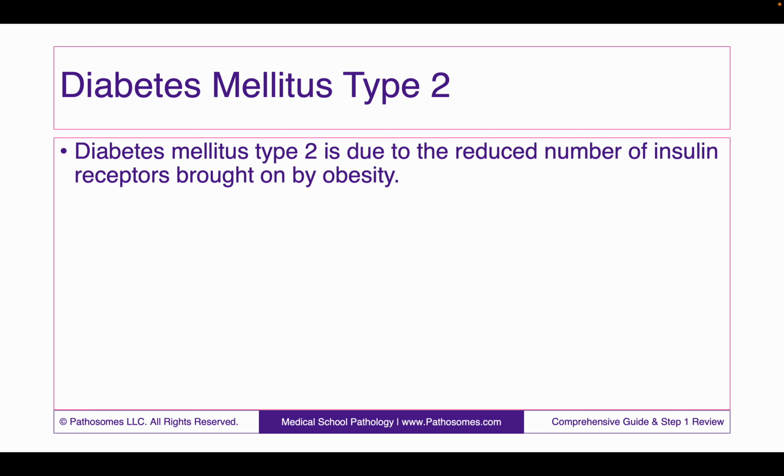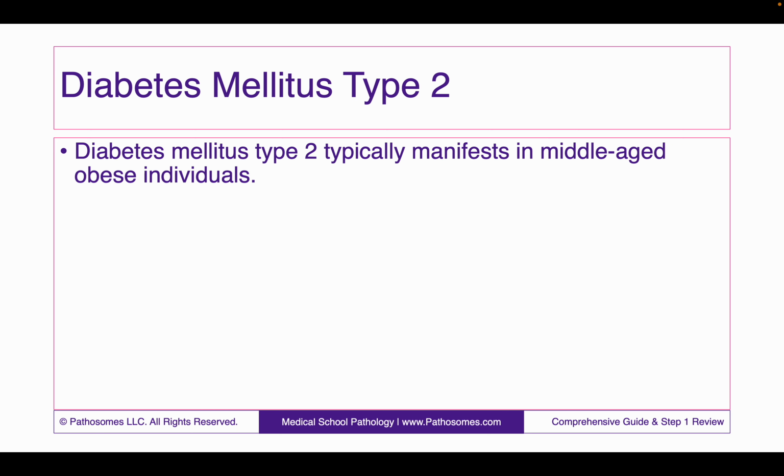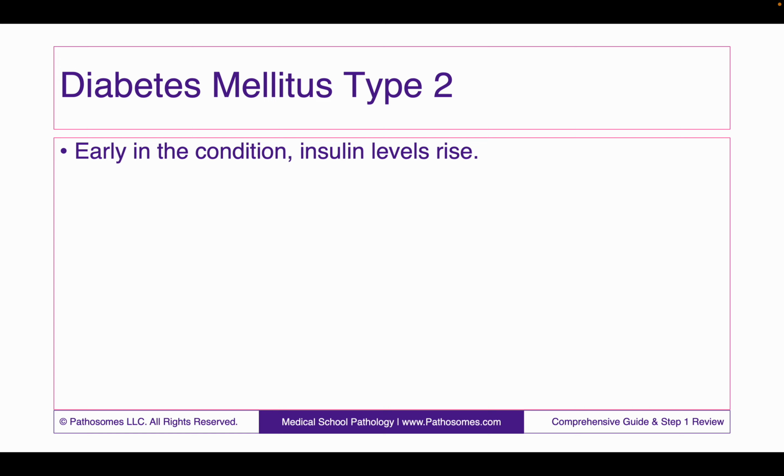Diabetes mellitus type 2 is due to the reduced number of insulin receptors brought on by obesity. It typically manifests in middle-aged obese individuals. Early in the condition, insulin levels rise.